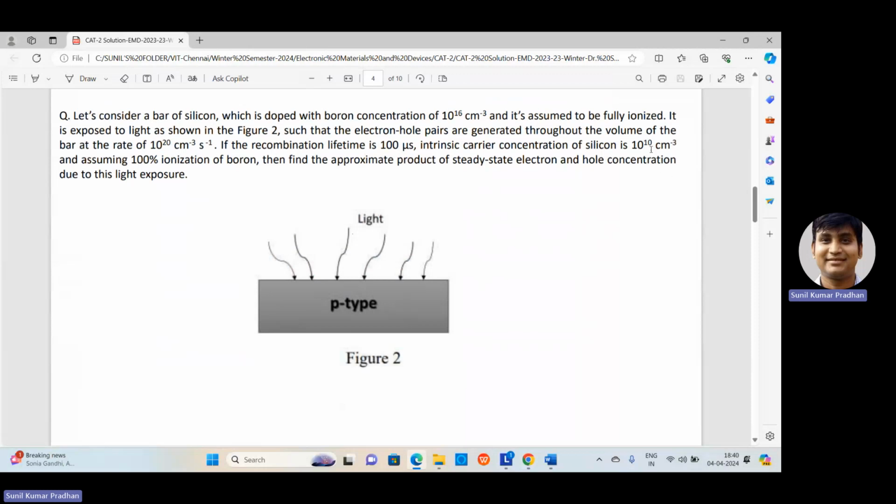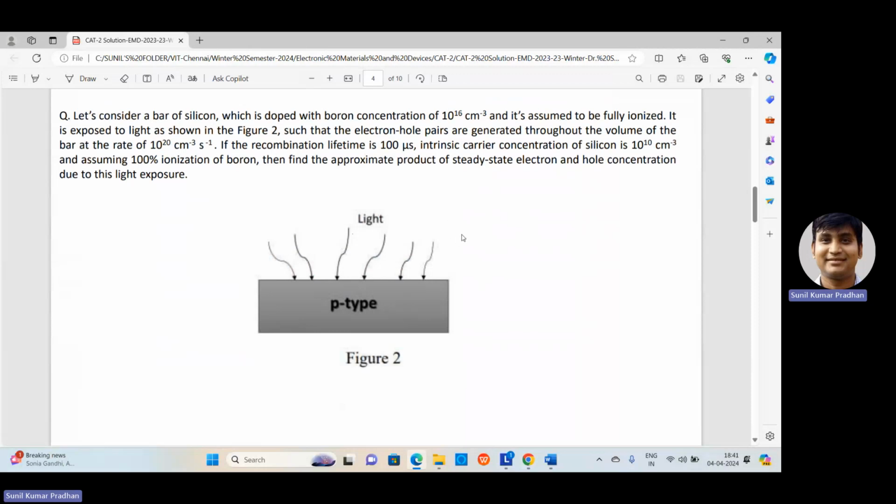And assuming 100% ionization of boron, the question is asking to find the approximate product of steady state electron and hole concentration due to this light exposure. Here we have to find the product of steady state electron and hole concentration, and it is to be approximate. Okay, so this is the question.